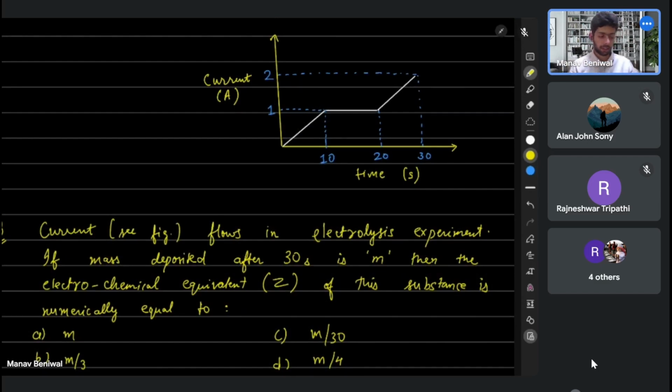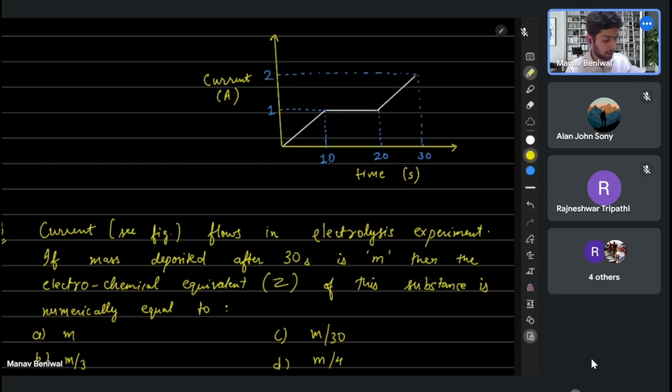So we have a substance, and then the current is flowing as shown in this figure. You can see in this figure the current first increases for 10 seconds from 0 to 1 ampere, then it stays constant for another 10 seconds, and then it again increases from 1 ampere to 2 amperes in the next 10 seconds.